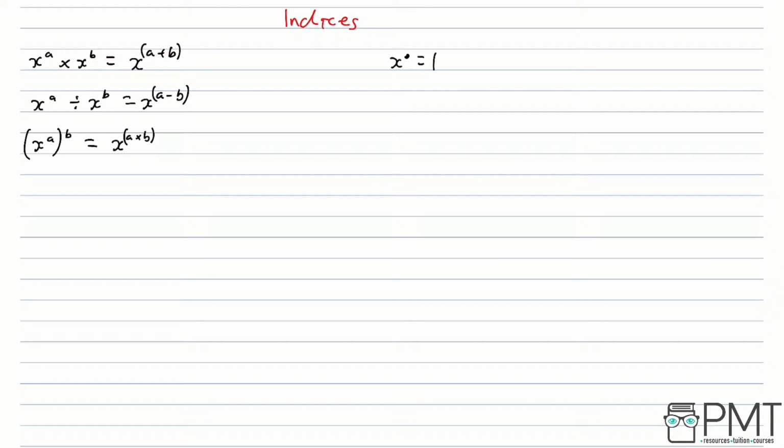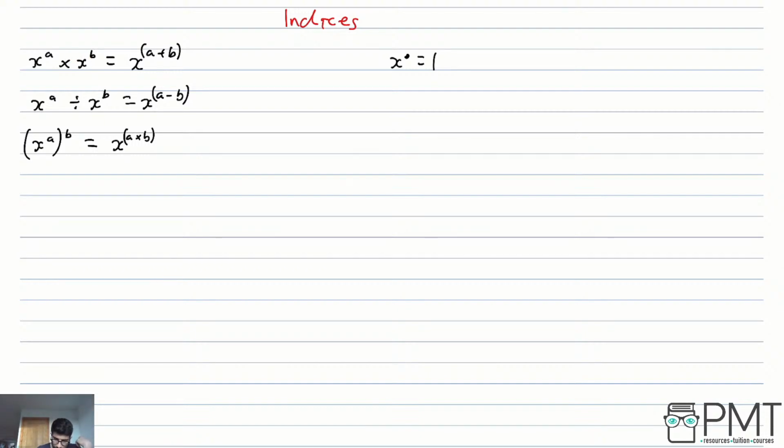We are going to see how these work with examples, but the idea here is, say you have got x to the a times x to the b, that's the same as x to the a plus b. So if you're multiplying indices, as long as the base is the same, you add the powers.